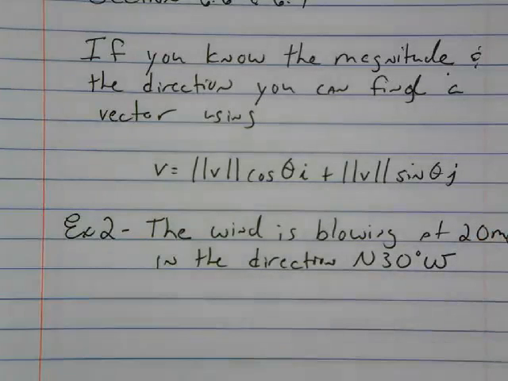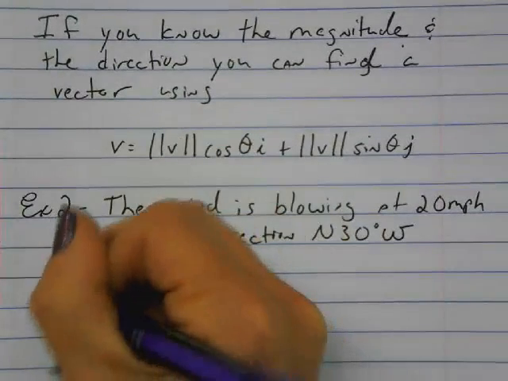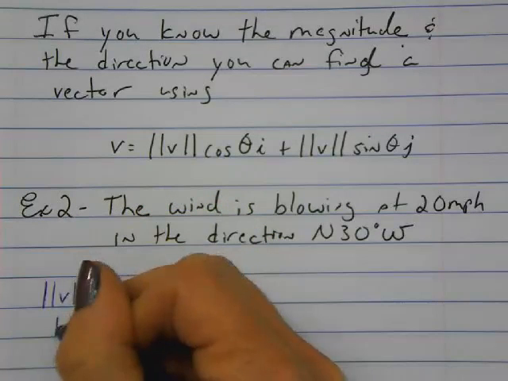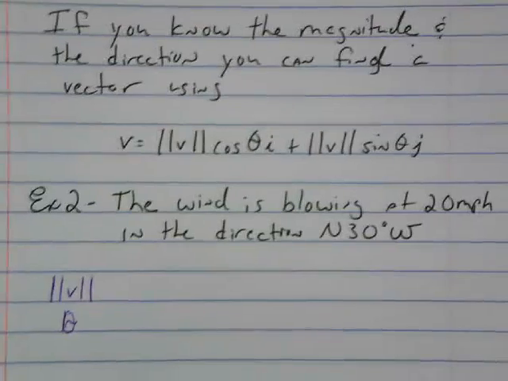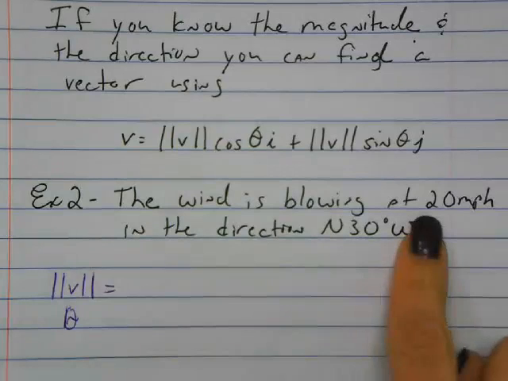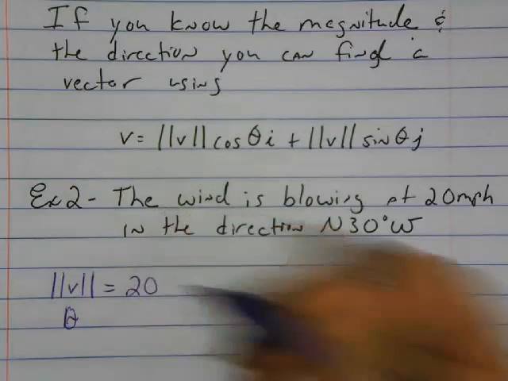I need you to be able to find two things: the magnitude, and the direction, which is really going to be your theta. The magnitude is the easiest thing to find. That's the speed, so the magnitude is 20.